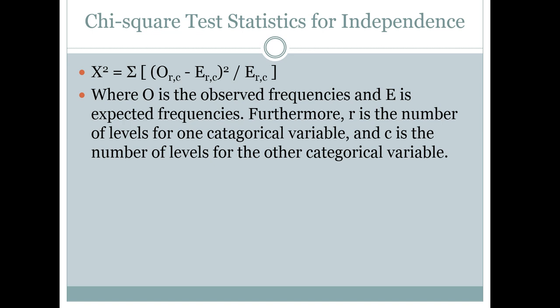But now you are seeing a small r and a small c next to the observed and the expected frequencies. R is the number of levels of one categorical variable, and C is the number of levels of the other categorical variable.